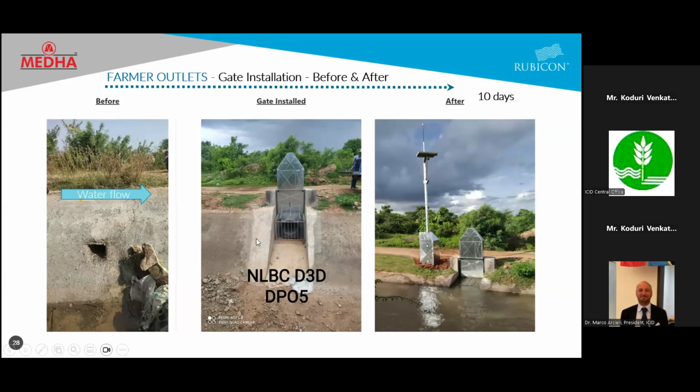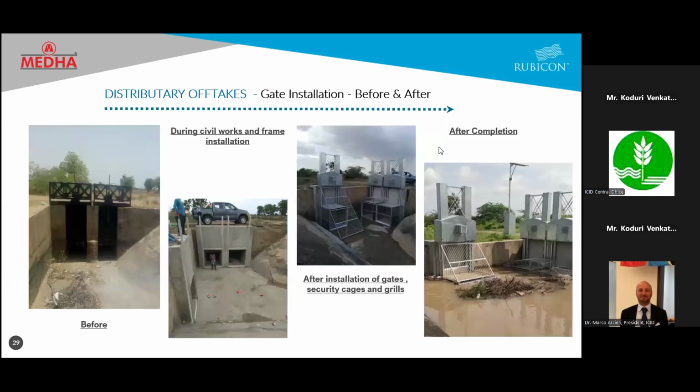Now, this structure was demolished or excavated, a new structure was formed, and the gate was installed. The gate was then provided with a pedestal, a solar panel of its own, and a radio communication setup, which is now ready to talk to the gate and the towers around. You can see that the bund has been completely removed, and you can see the smoothness of the water flowing through it, thanks to the modernization done in this area.